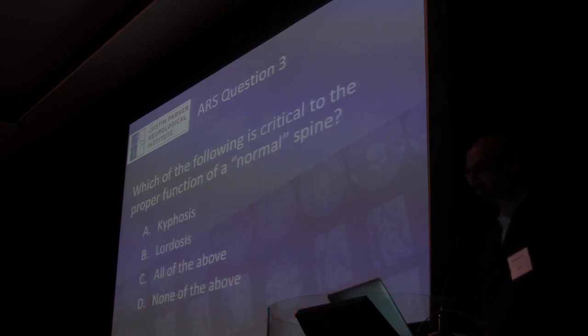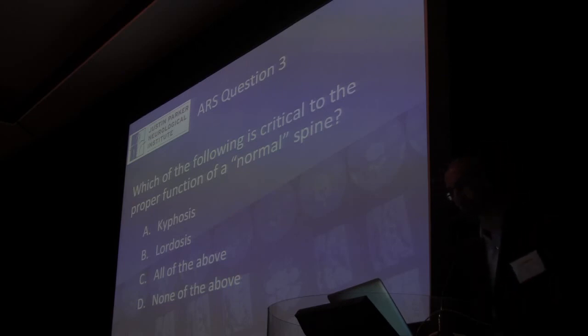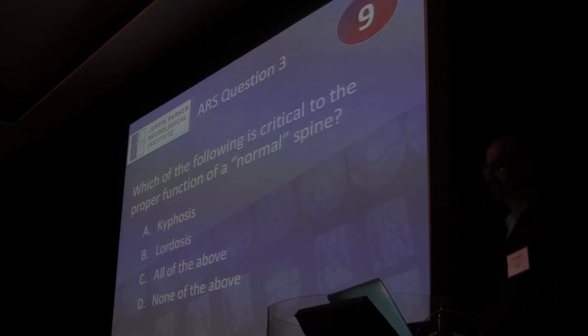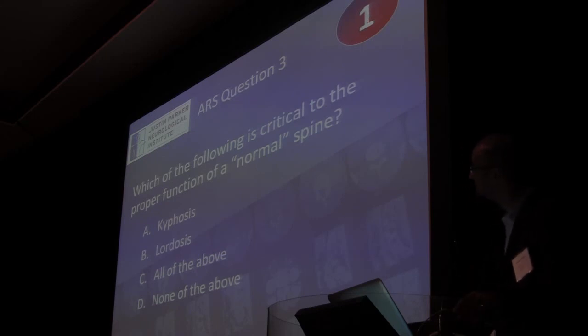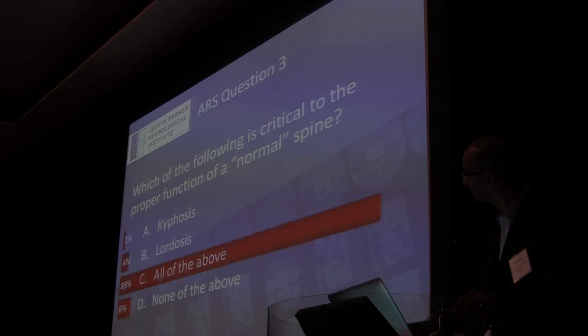Which of the following is critical to the proper functioning of the normal spine? Oh, 80s music. I like it. Okay, good. Yep, kyphosis, lordosis are important. We don't want to have patients with flat backs.